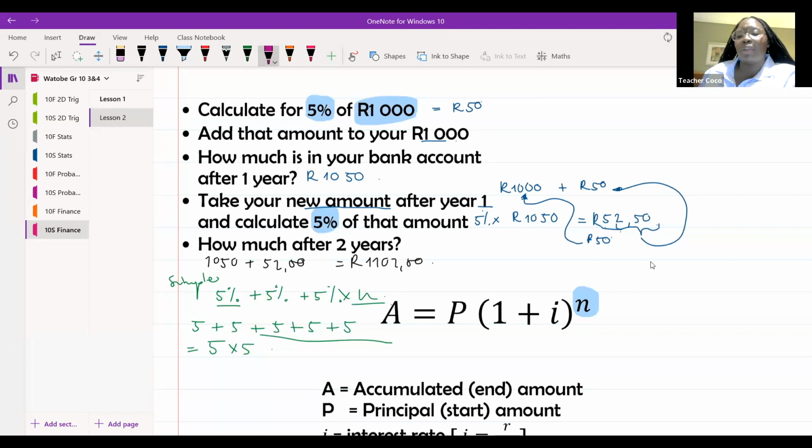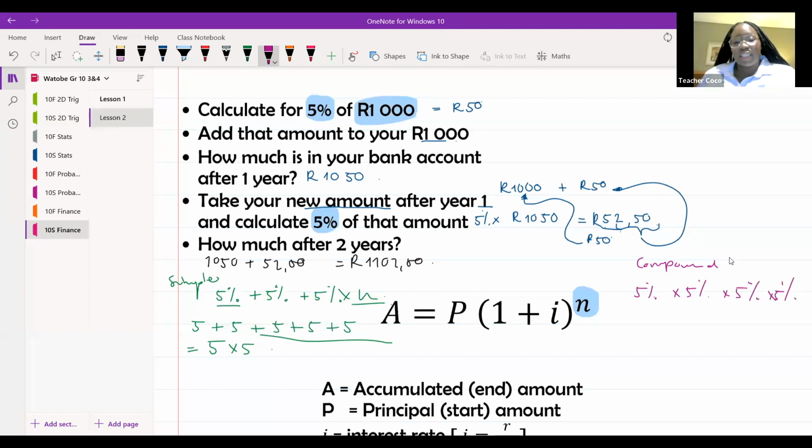Now let's talk about compound interest. For compound interest, I know that I'm going to get 5%, but after I get that 5%, I'm going to multiply the new 5% on top of the interest that I already had from that 5%, times another 5%, times another 5%.